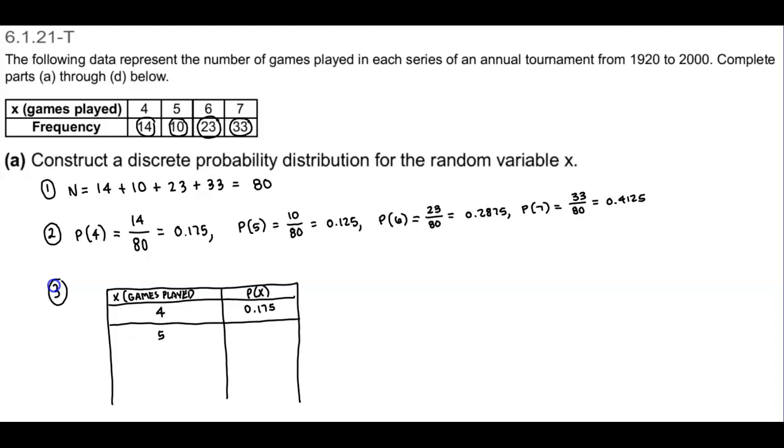When 5 games were played, we got a probability of 0.125. When 6 games were played, we got a probability of 0.2875. And when 7 games were played, the probability was 0.4125. And so there is our discrete probability distribution.